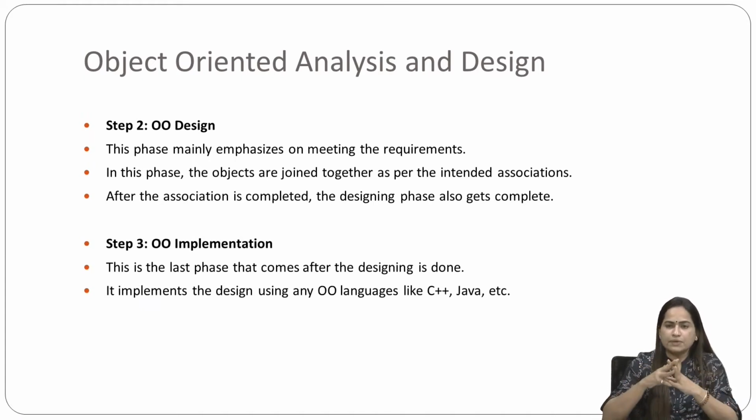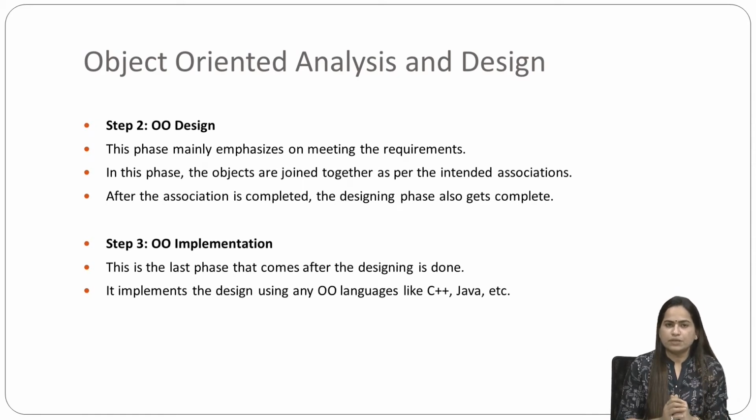In designing, whatever we have identified, we are combining it with some intention, according to the desired system we want, by doing the interconnection of those objects. After the association is completed, the designing phase also gets completed.